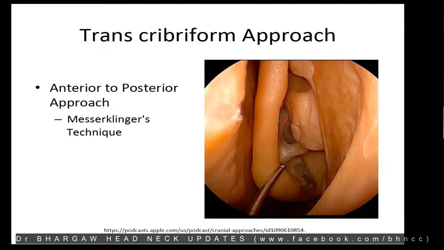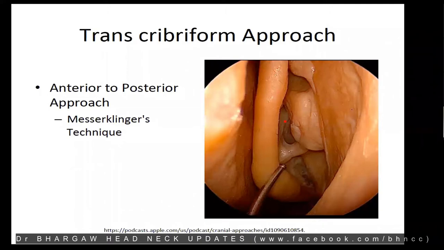As for corridor approaches, you have the transcellular, the transclival, the transodontoid, and the transplanum approaches. Mostly the approach will be the same for the transfrontal, the transcribriform, and the transplanum. For the transcellular and the clivus, it's slightly different; you don't have to do a middle turbinectomy all the time. So the focus here will be on the transcribriform approach.